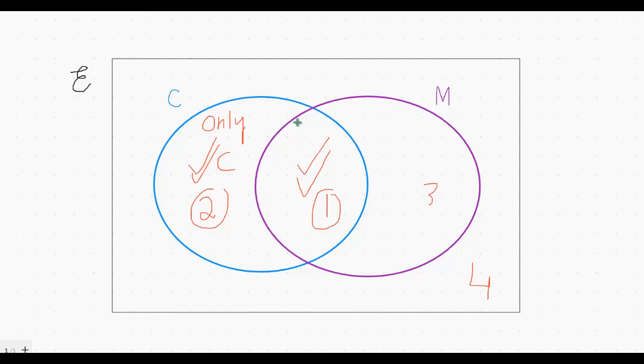And this region is called both C and M. In the same way, region number 3 is called only M. Here only M is involved.